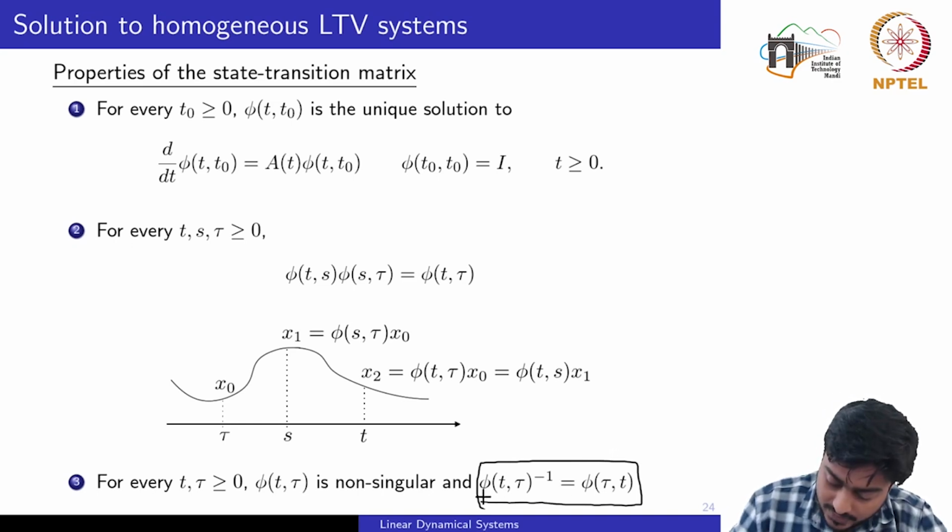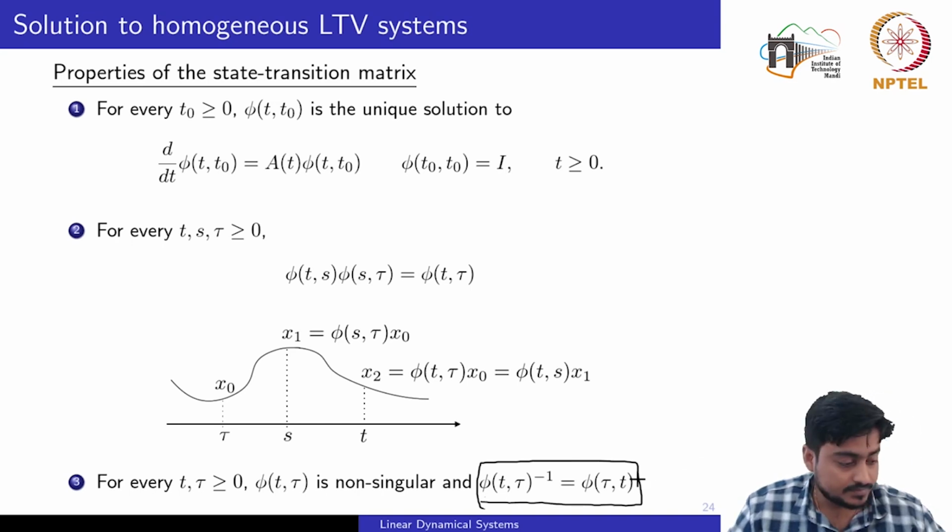If we pay attention to this phi, it says that we are seeing the response at time t, given the initial condition at tau. Now if I take the inverse of this state transition matrix, it gives me phi(tau, t), meaning that I am now taking the response at t equal to tau, given the initial condition at time t. You can change the order. We would see the relevance of this property when we discuss the discrete time solution of the time varying case.